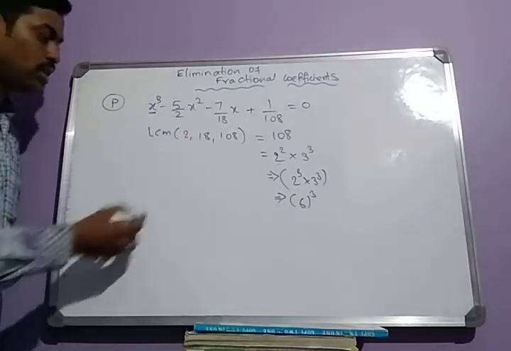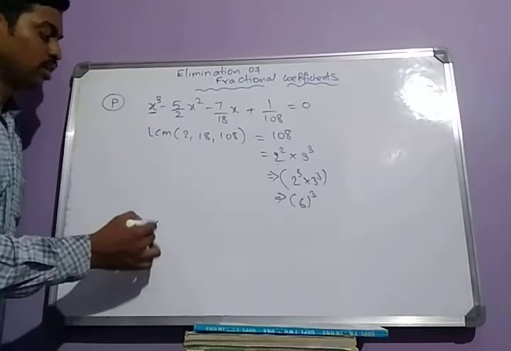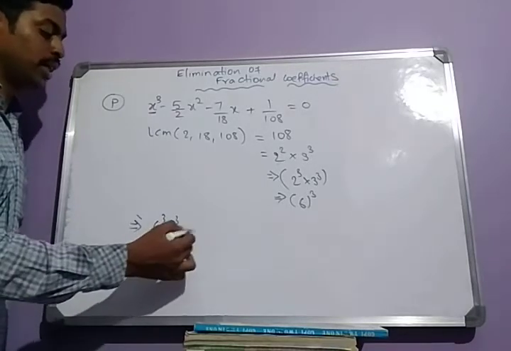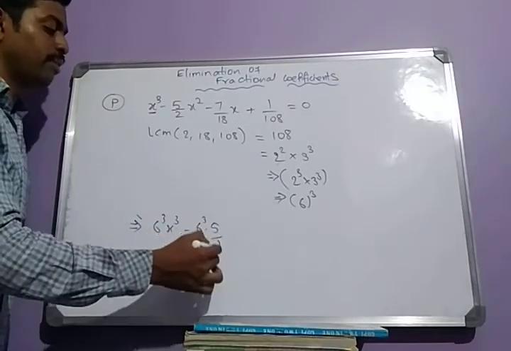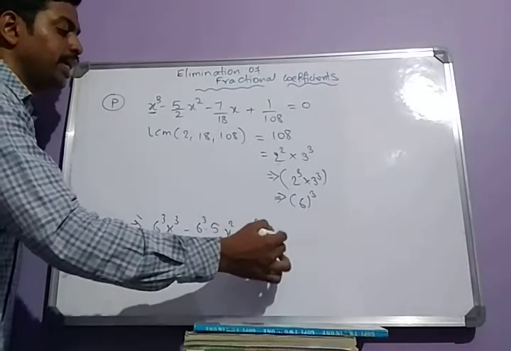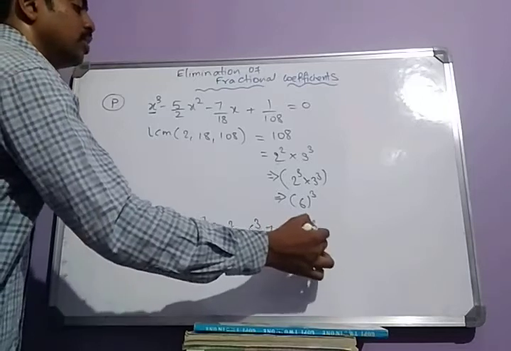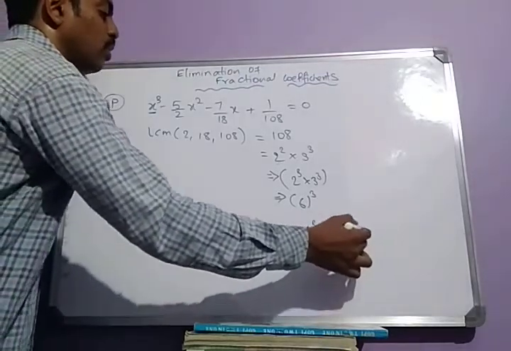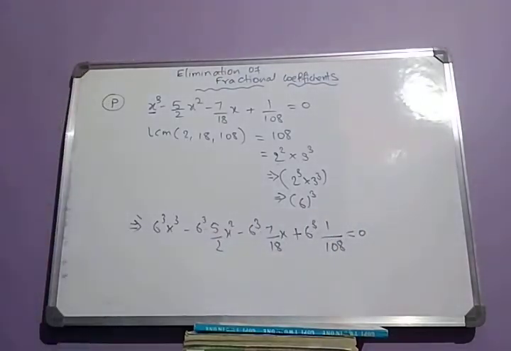So that means what? 6 cube into x cube minus 6 cube into 5 by 2 x square minus 6 cube into 7 by 18 x plus 6 cube into 1 by 108 equal to 0. What is the next process?